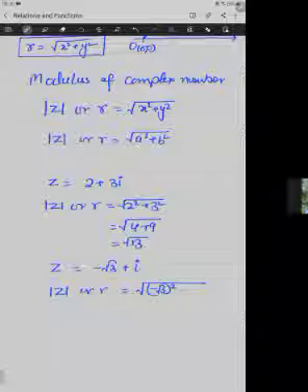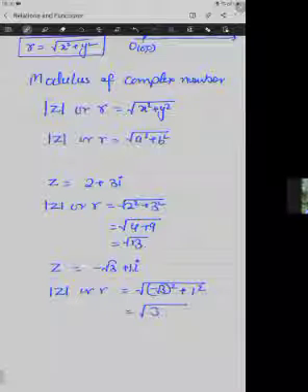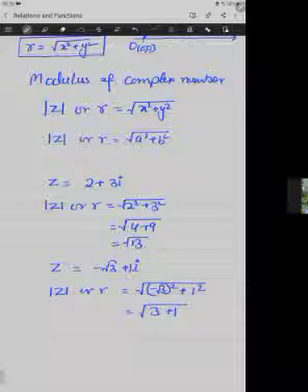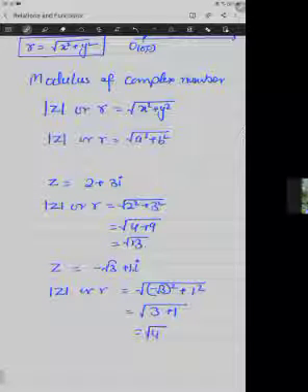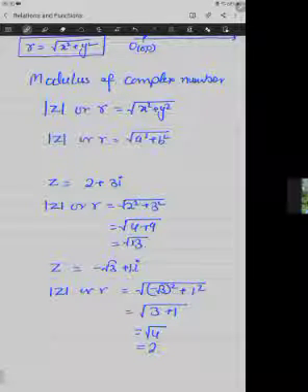Minus root 3 to the whole square will be plus 3. Negative square will be positive, plus 1. So it will be under root 4, that is 2. So the modulus of this complex number will be 2.